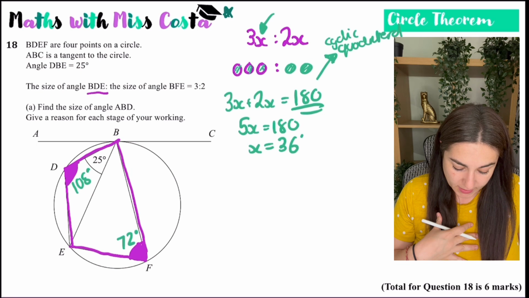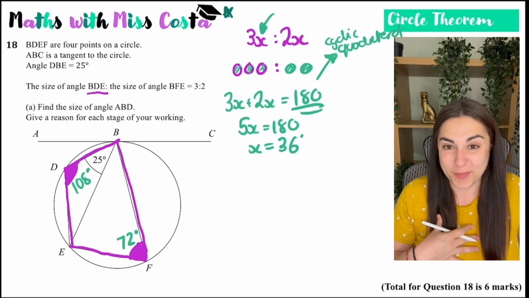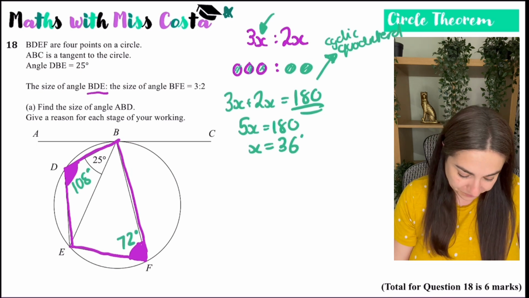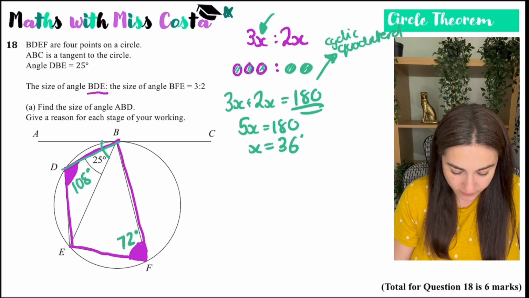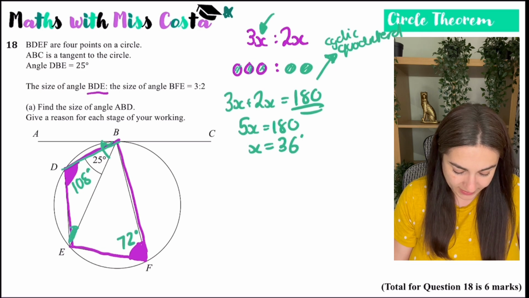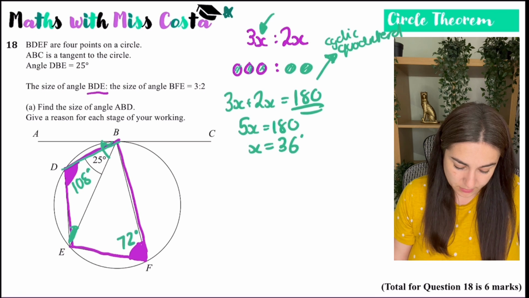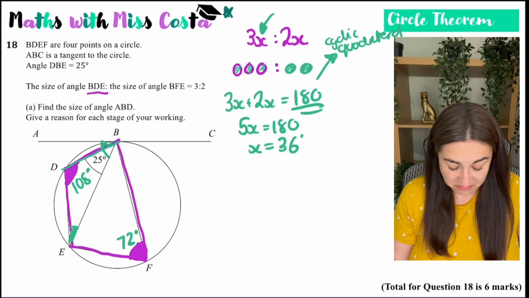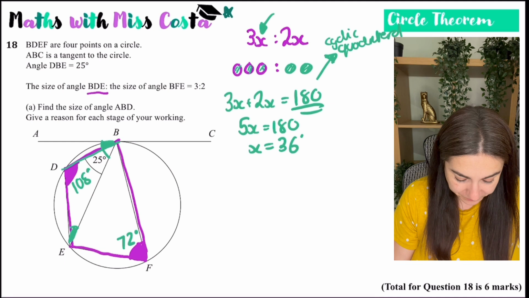There are actually so many ways that we can do this, but let's have a look at this. This is a chord, and this little angle here must be equal to this little angle here, and I could go about that way if I wanted to. Yeah, why not? Let's go about that way.